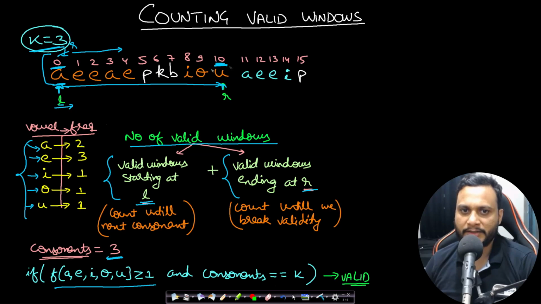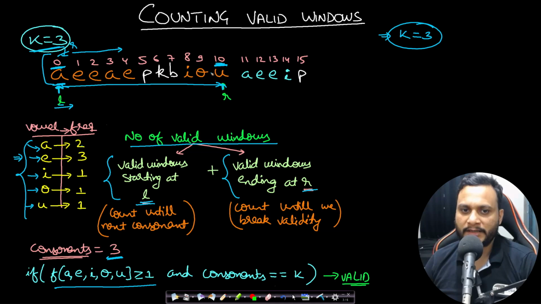So starting at L, since you know that the condition is to maintain exactly k number of consonants. This should be exact in number, but the vowel frequency can increase. The condition on the vowel is not very strict. It is just about maintaining at least one occurrence of each of the vowels, right?